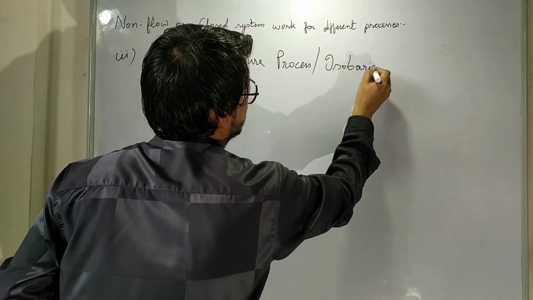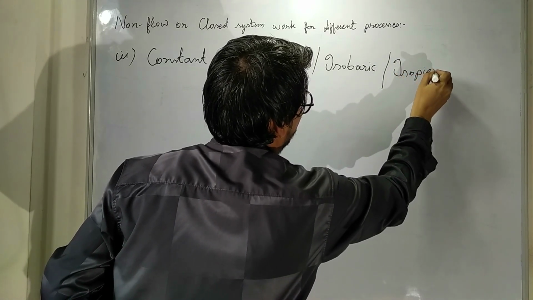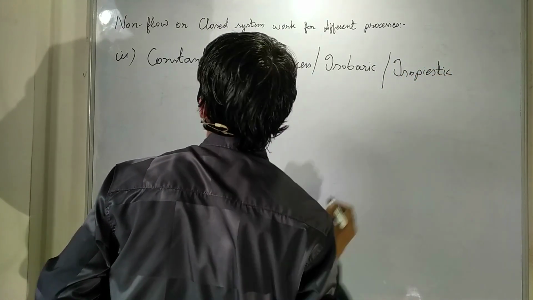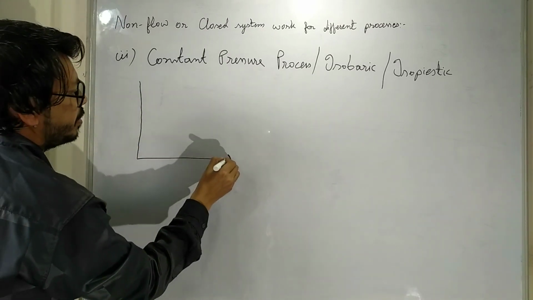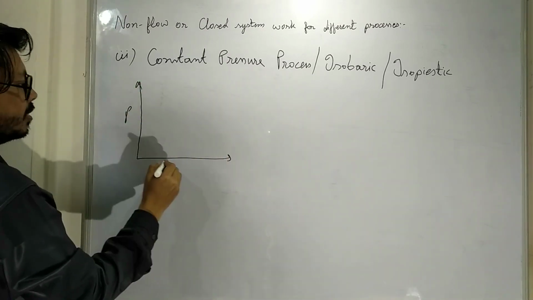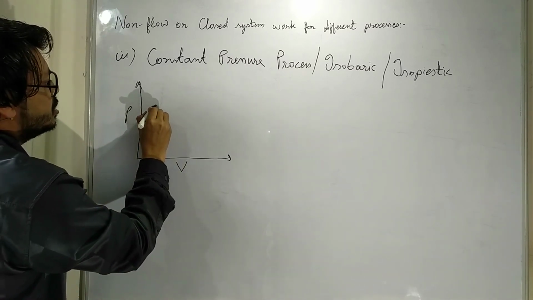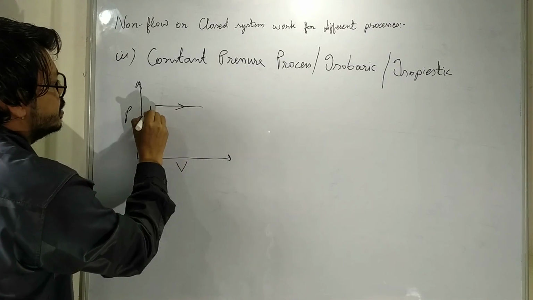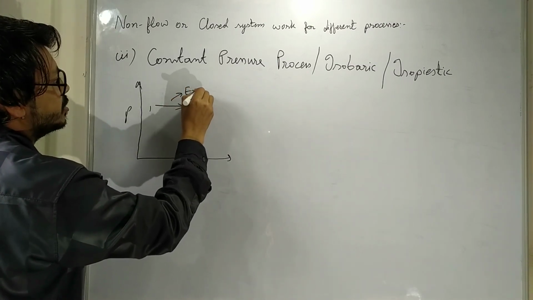It is also called isobaric or isopiestic. So this is our PV diagram, and let us consider a process which is going through state 1 to state 2. This is for expansion.